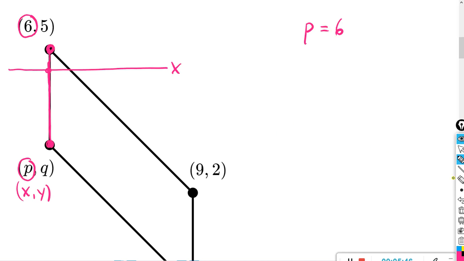All right. And now for the y-coordinate, let's see. The y-coordinate is how far up, down. All right, let me erase this x-axis here. The y-coordinate is how far up, down the point is.